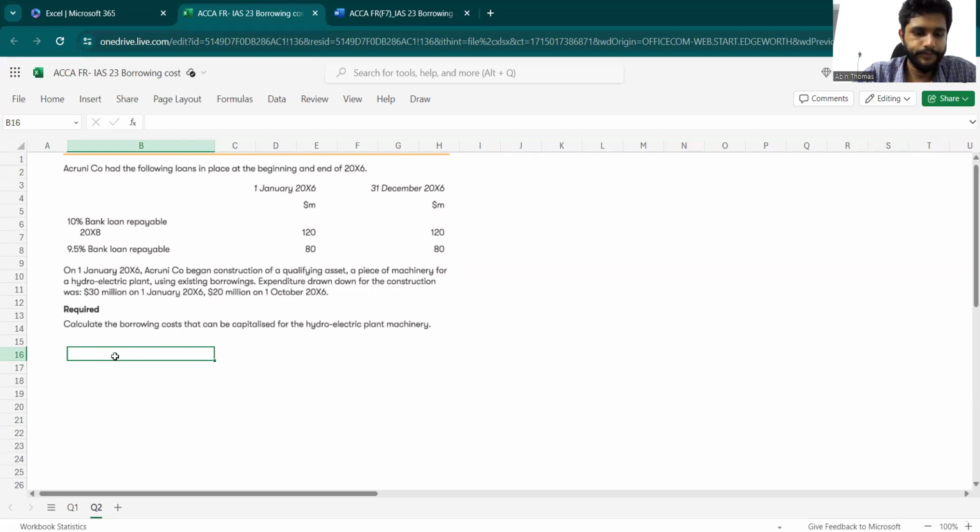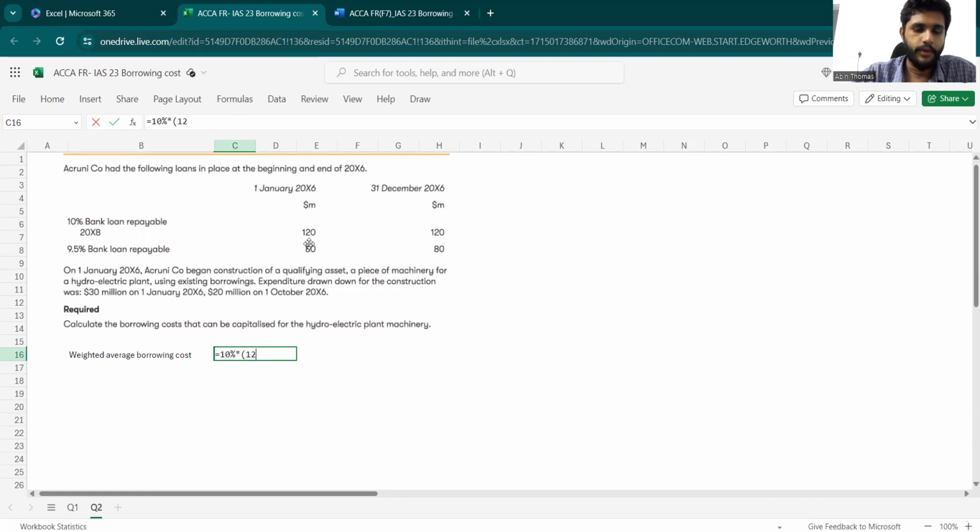So that will be, see the formula, we need to determine the weighted average cost percentage. That will be 10%. See the formula very carefully. 10% into, we need to use the weighted average.